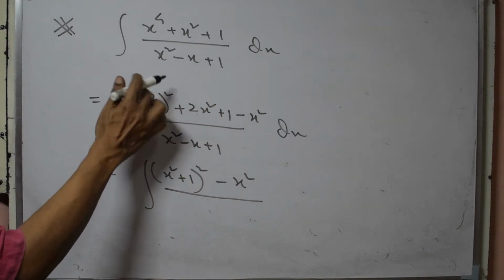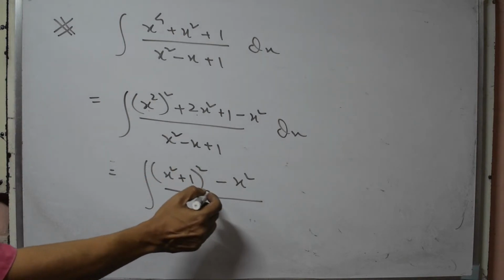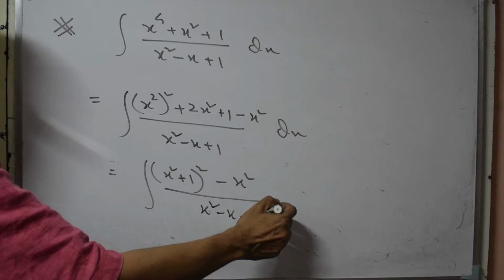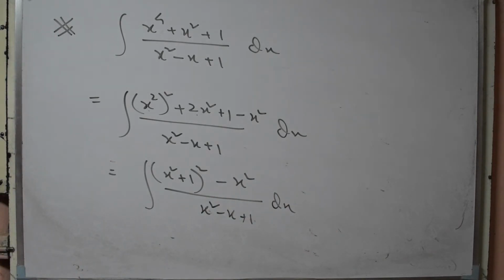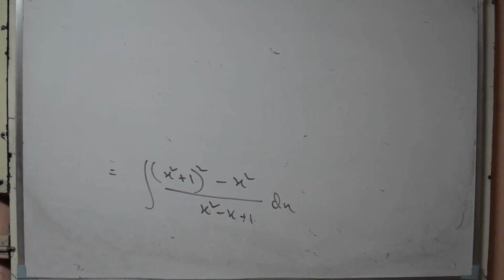These first three terms give us a square plus 2ab plus b square, that is a plus b whole square, minus this one. Now what we find in the numerator is the clear algebra a square minus b square formula, and a square minus b square tells us a plus b into a minus b.